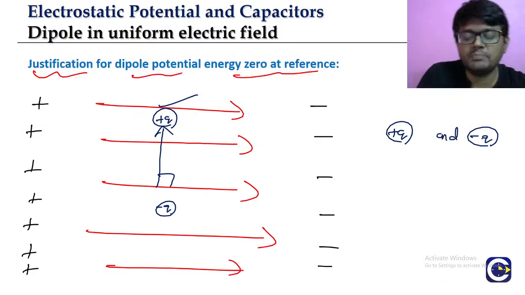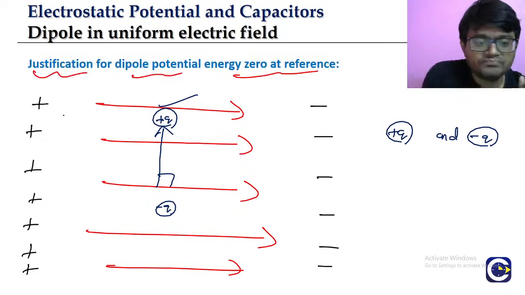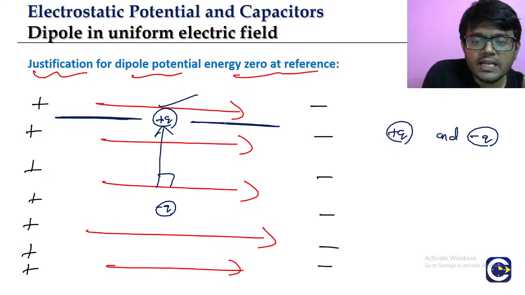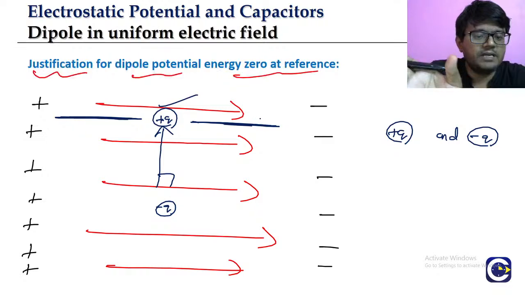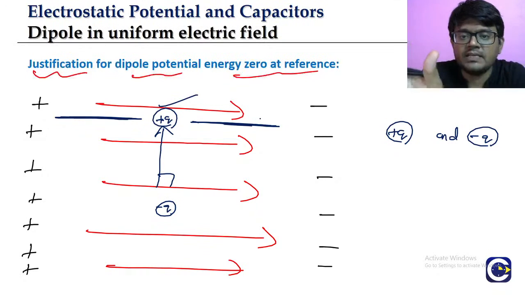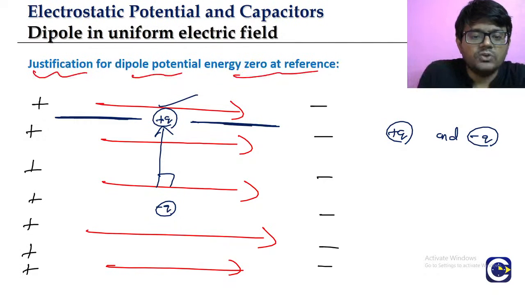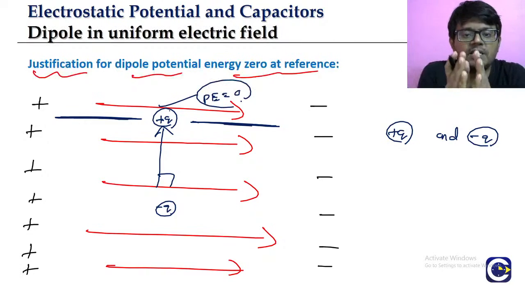The positive charge of the dipole is at a symmetric distance from the positive charge on this side, and at a symmetric distance from the negative charge on that side. Remember, if you keep a charge at an equal distance from a positive charge and a negative charge, what will be the potential energy of the positive part? It is going to become zero.